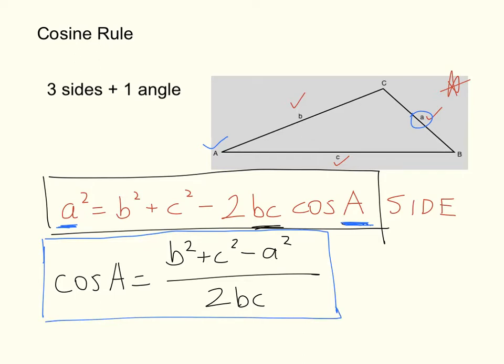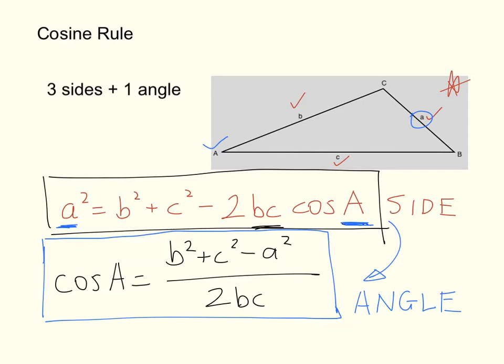All I have done to get from this version down to this one, which is what we use to find an angle, is manipulate my formula: I've added 2bc cos A to the left hand side, and I have subtracted a squared, and then I've divided by 2bc. I might in class show you a little bit more of that manipulation, but for now they are the same formula, just manipulations to provide two different versions.